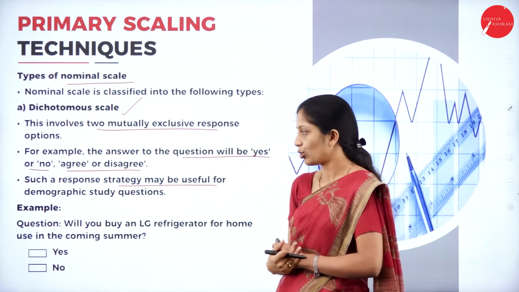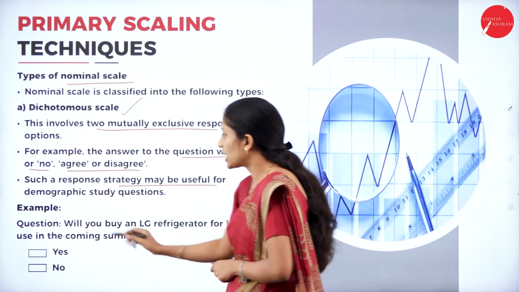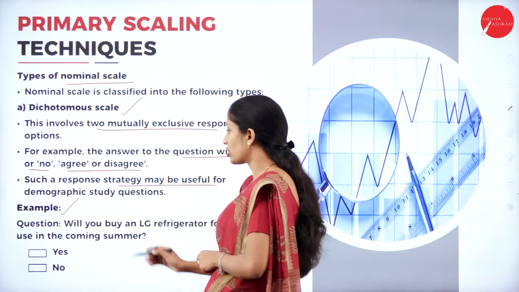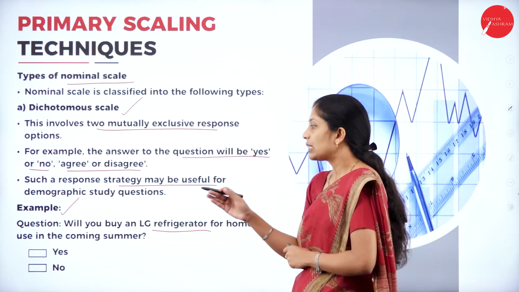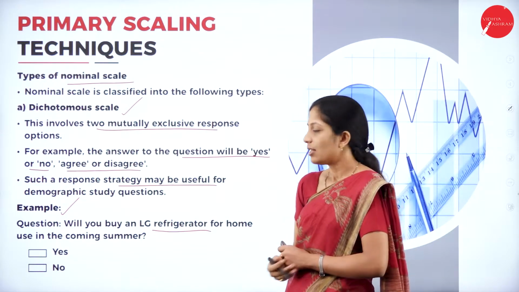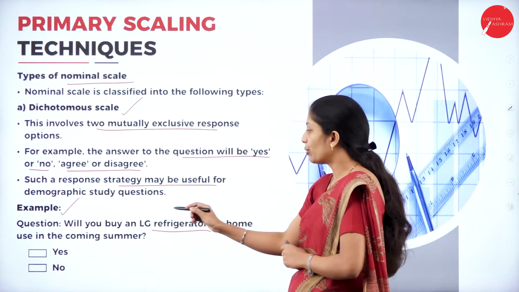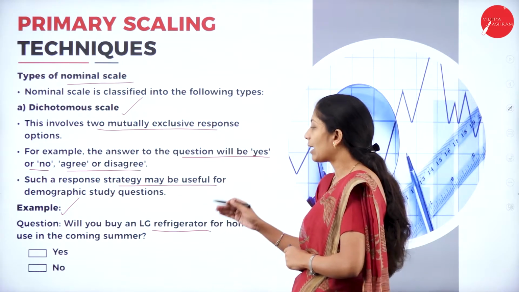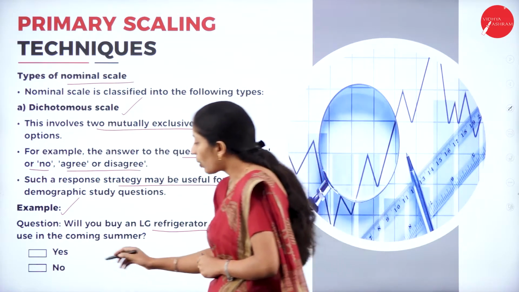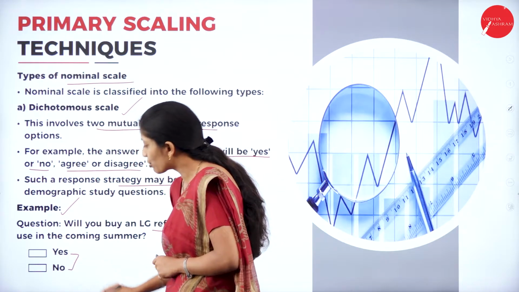dichotomous scale is useful. If you see the example here, the question is: will you buy an LG refrigerator for home use in the coming summer? See here what is dichotomous: you will have only two options.